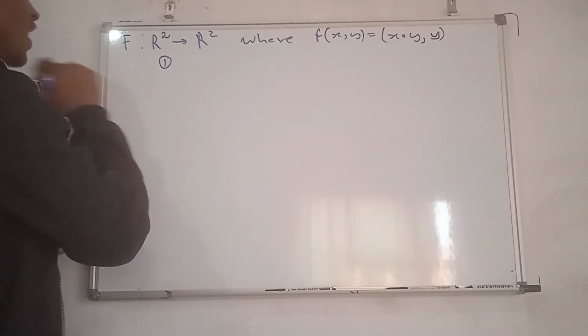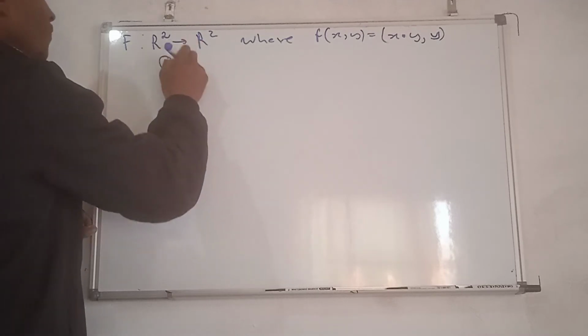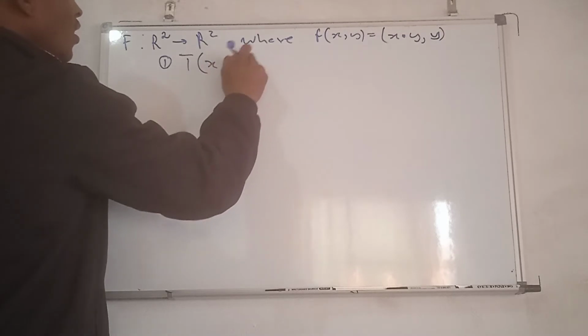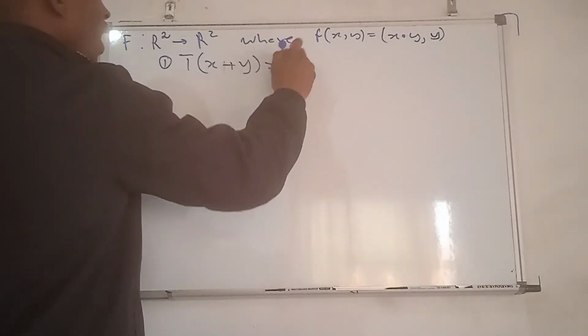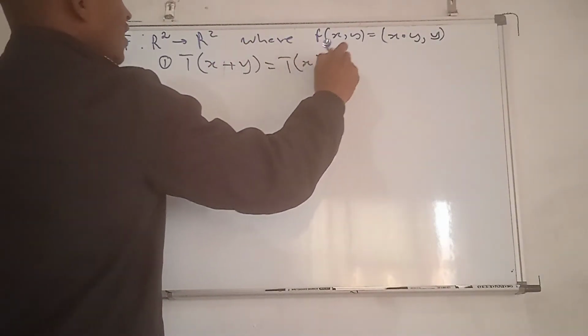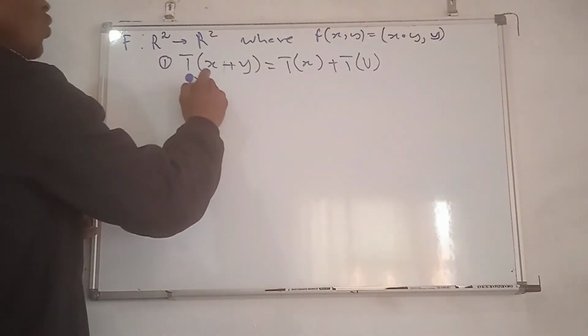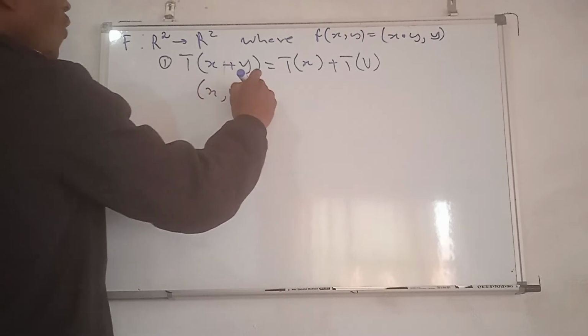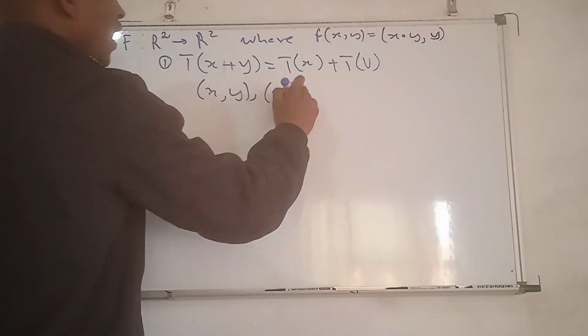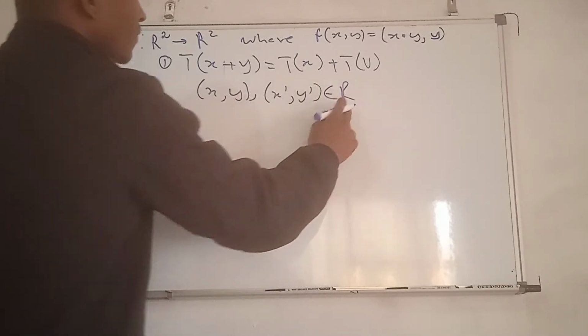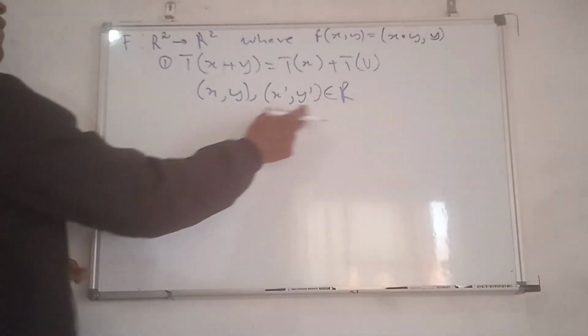The first condition is that we have to check for T(x, y) plus T(x', y'), whereby we consider x, y and x', y', which are elements of R. So this is the first condition.